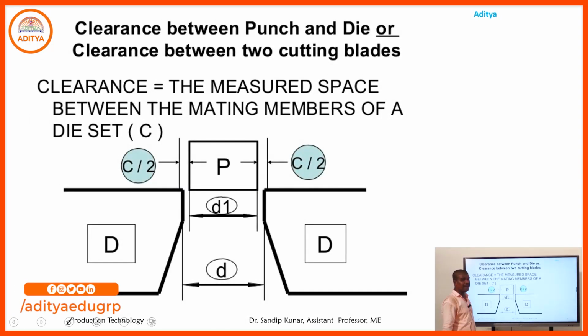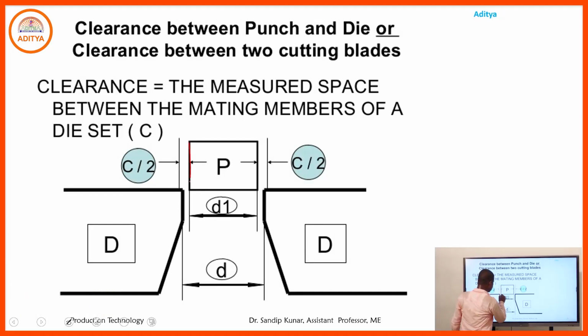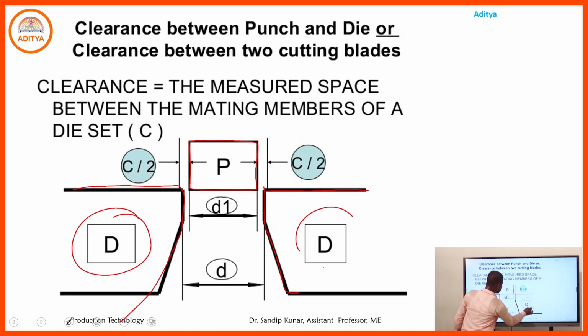Clearance between punch and die, and clearance between two cutting blades. Here we are seeing the punch P, that is the punch, and those are the two dies. Some clearance will be provided between punch and die.